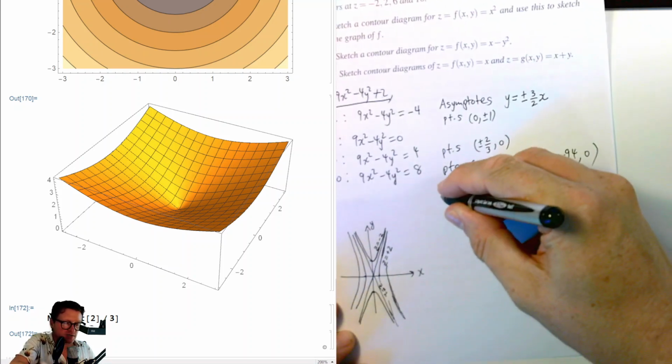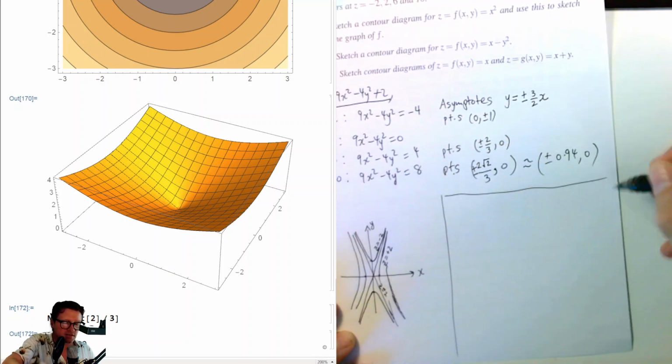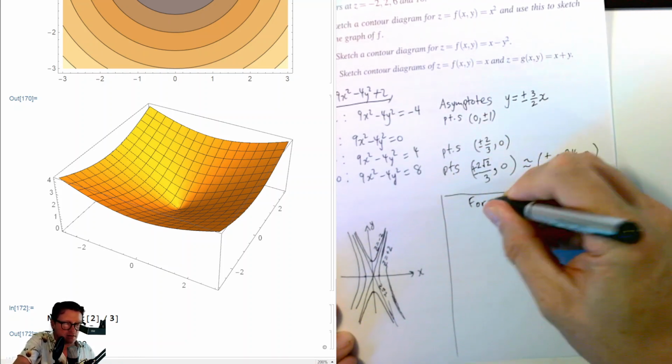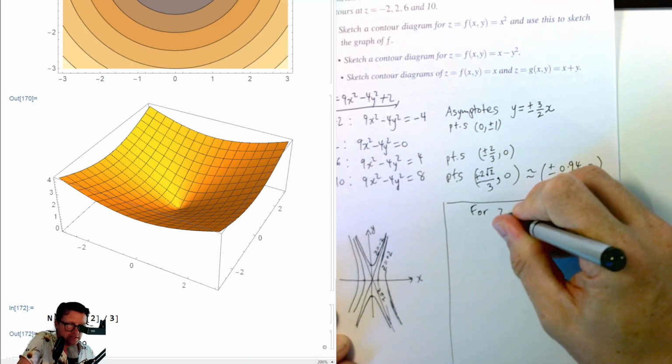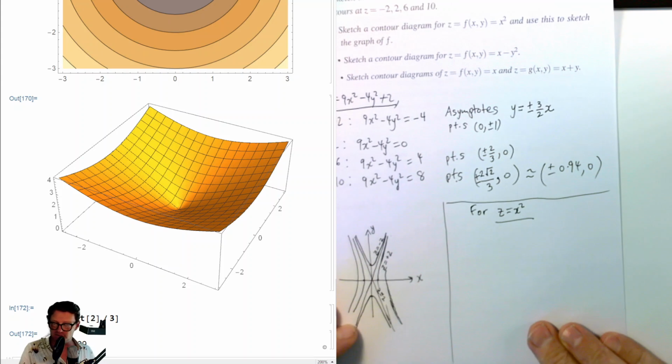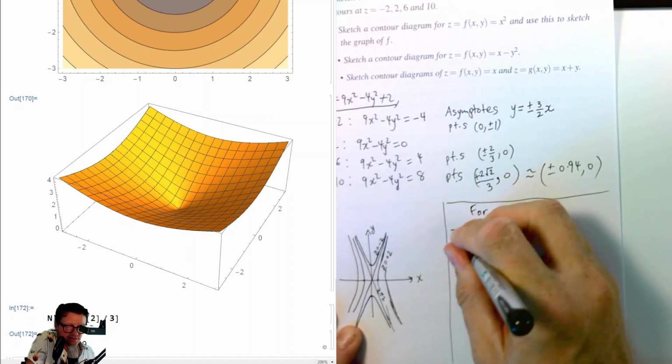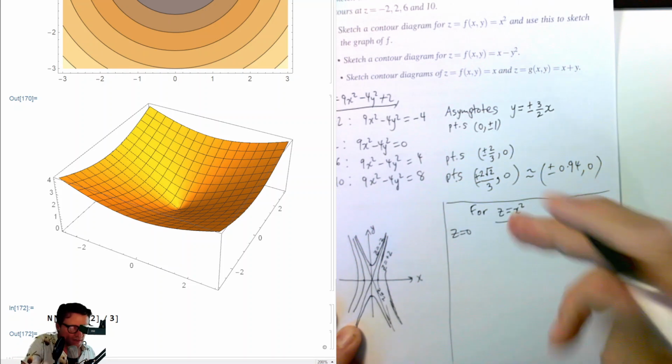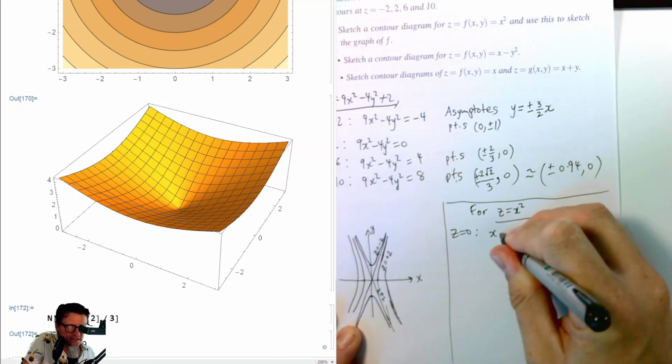Okay, now in this little box here, let's do the next one for z equals x squared. Okay, so these are easier because we have a bunch of lines. So z equals 0, well, that just gives us x equals 0.